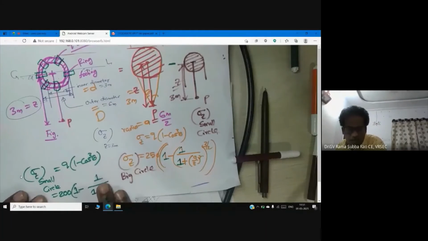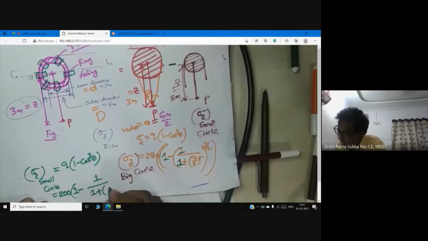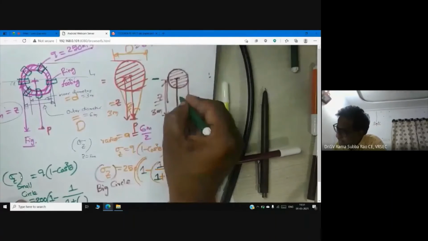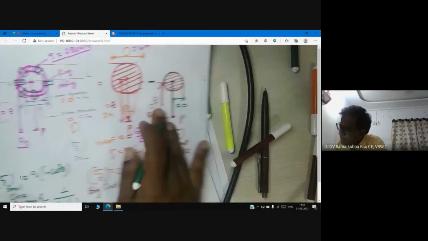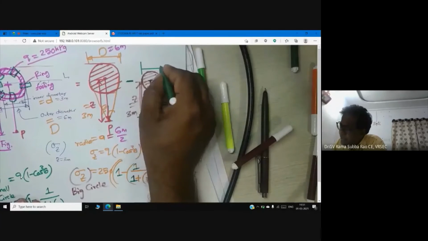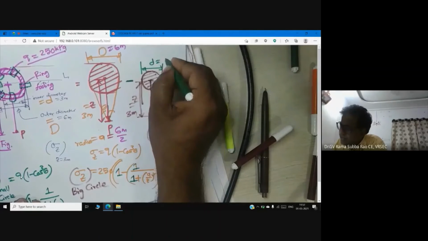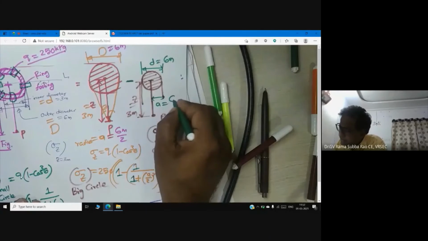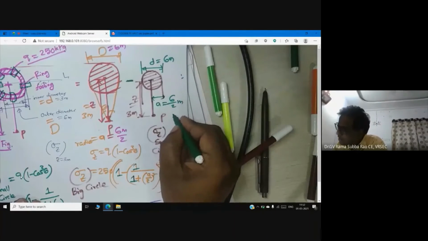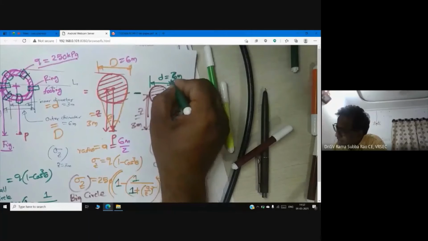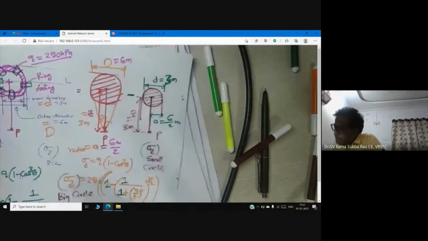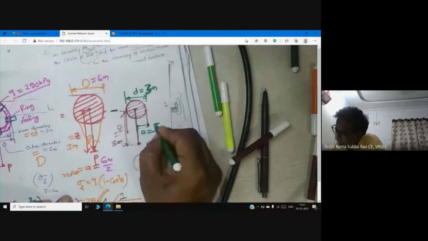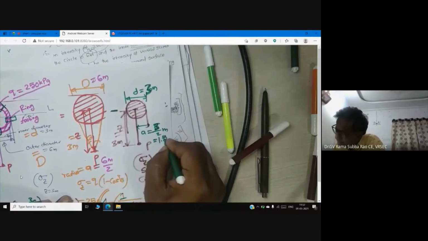Now let me tell you the radius. What is the radius in this case? Here you see the inner diameter is 6 meter. Now the radius is 6 by 2. So I'm sorry, the inner diameter is 3 meter. Now 3 by 2, so the radius is 1.5 meter.